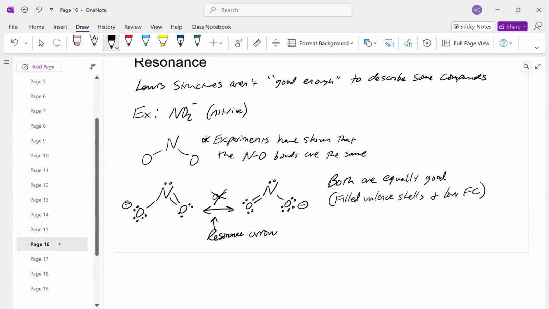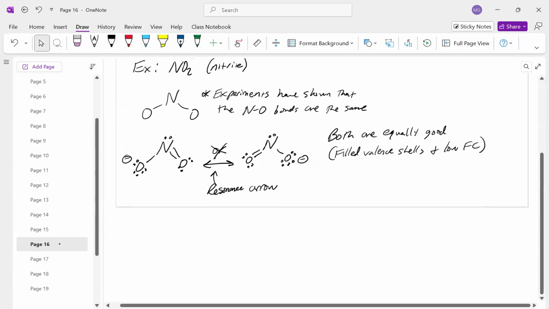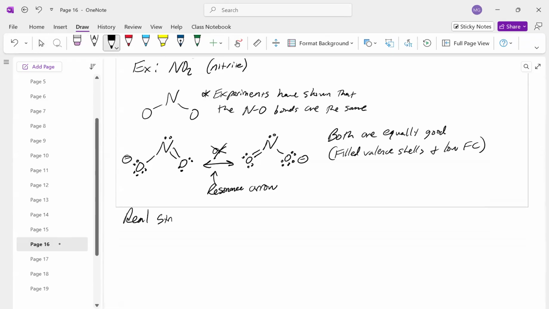Now we're going to do a very cursory glance at resonance in this class. We're going to go a lot deeper into OChem with resonance. And the real life structure of nitrite is a hybrid, so to speak, of the two resonance structures.